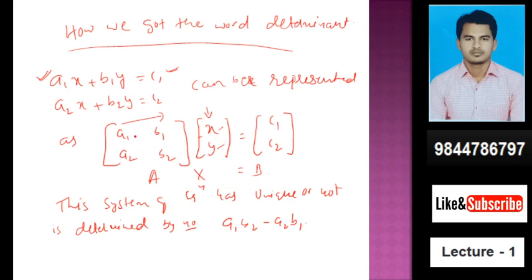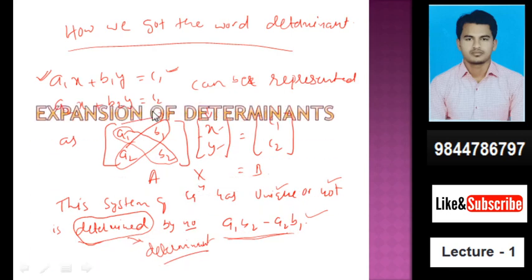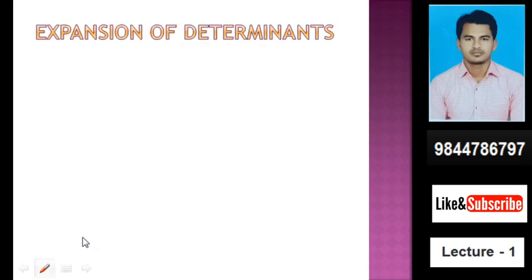All of it depends on the condition a1 b2 minus a2 b1. So this value represents whether the solution is unique or not. The word is determined. So the word determined became the word determinant. So this is the basic idea behind the naming of determinant.